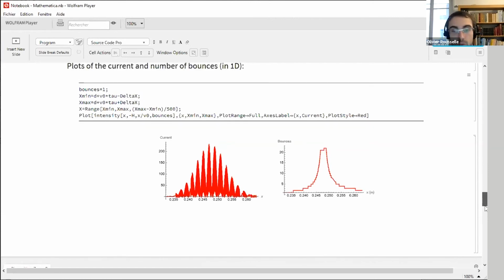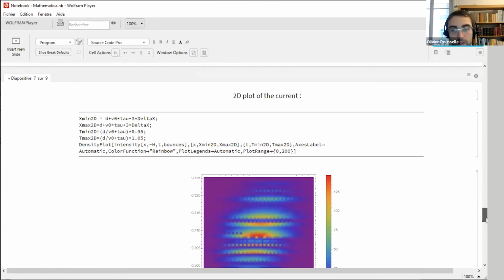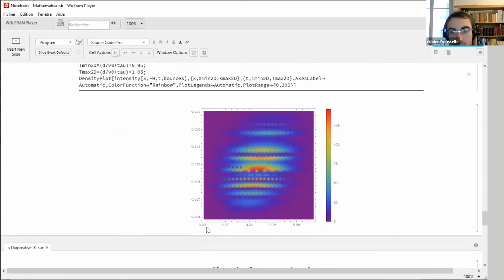So this is the figure we obtain, but we can also plot it in the 2D view. This is what we obtain. In x, you have, as before, the x-axis in meters. And in the y-axis, you have the t, the time of flight, because each detection position is characterized by the position and also the time of flight.